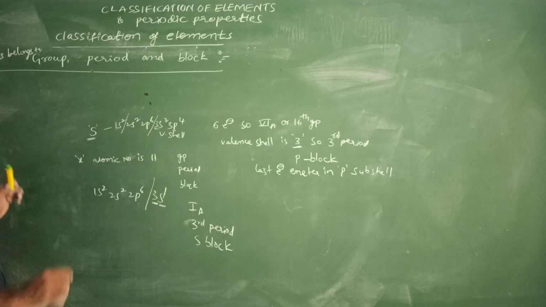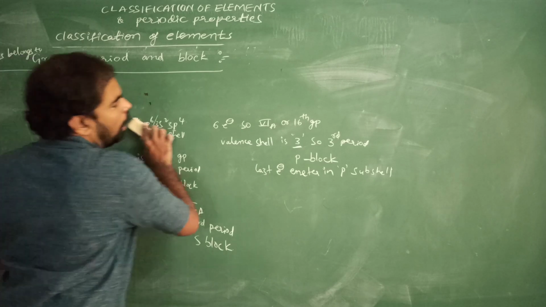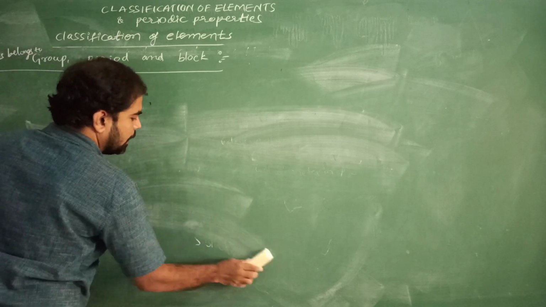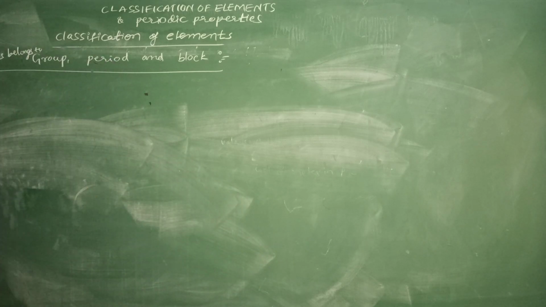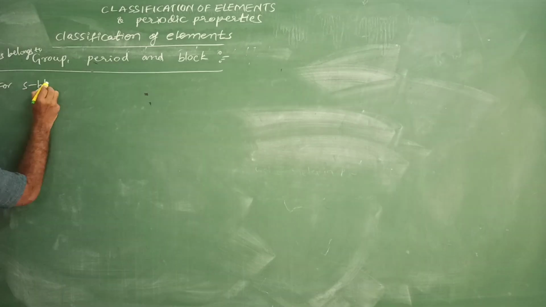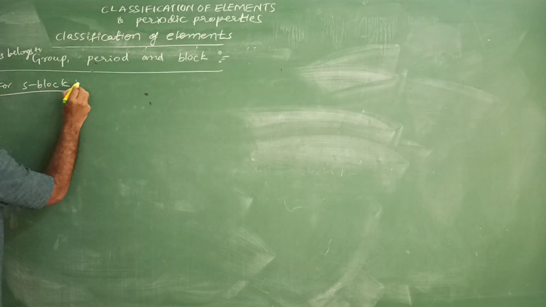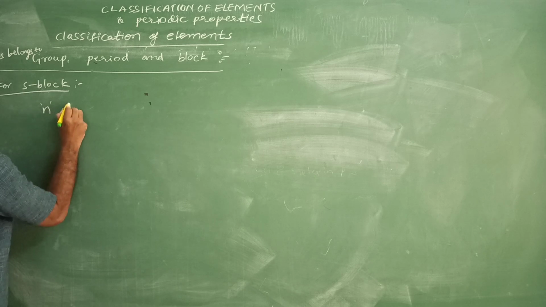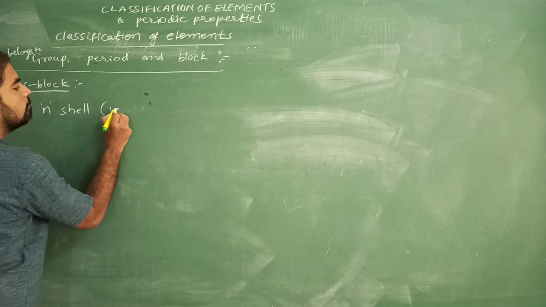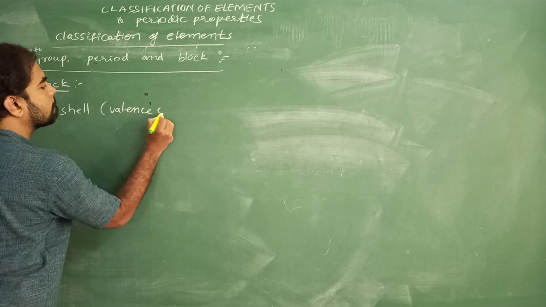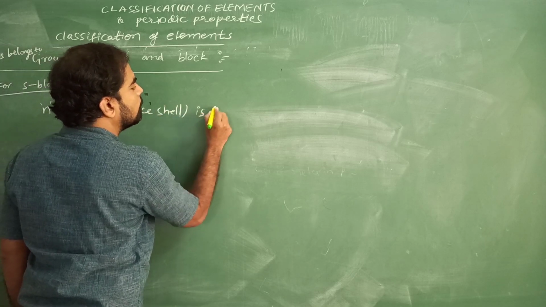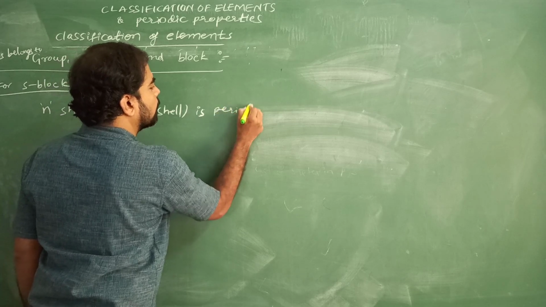Otherwise, let us see how we can find the group number, period number and block directly. For the S block, the N shell, which means the valence shell, is the period number.